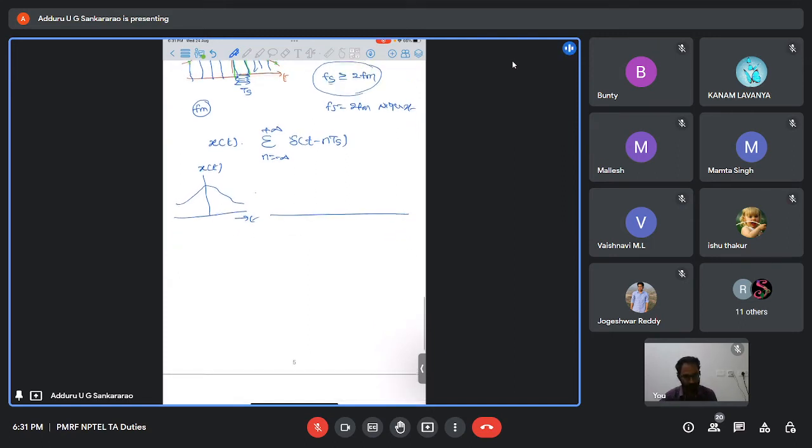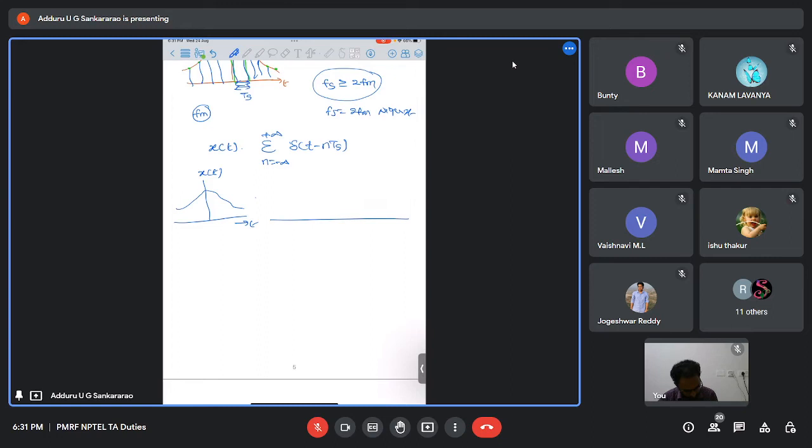So for n equal to 0, and n equal to 1, it is at Ts, 2Ts, and so on. This is the impulse train.